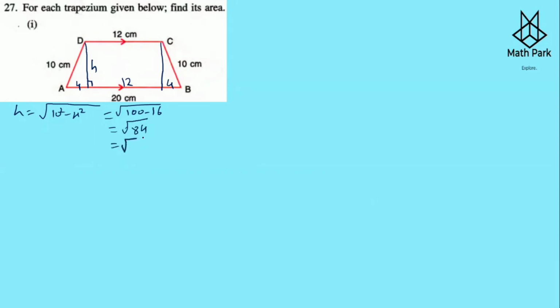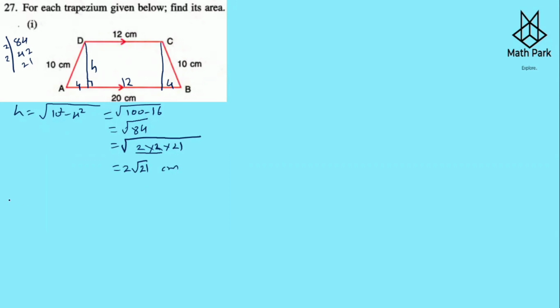When we find the prime factors of 84, we have 2 fours are, 2 twos are, 2 twos are, 2 ones are. So we have 2 times 21. So 2 comes out, 2 root 21 is the height of the trapezium.